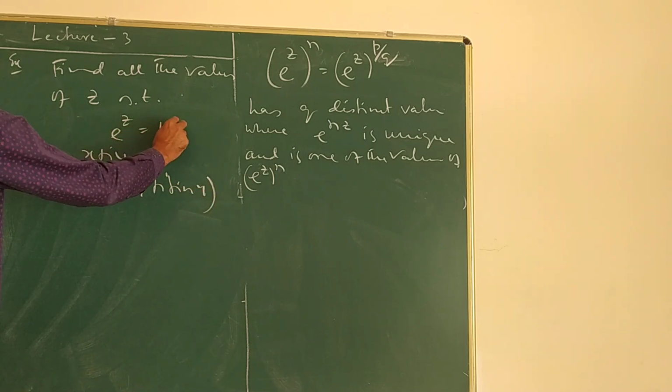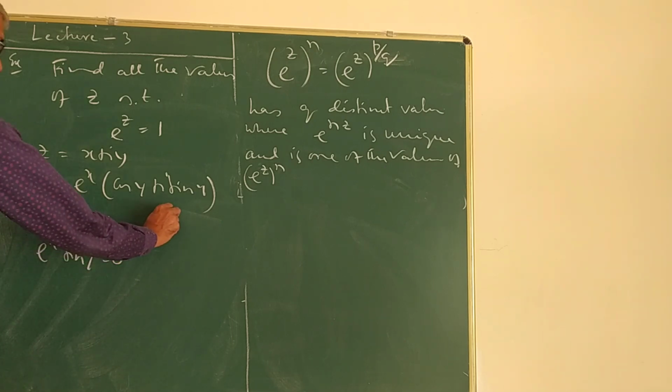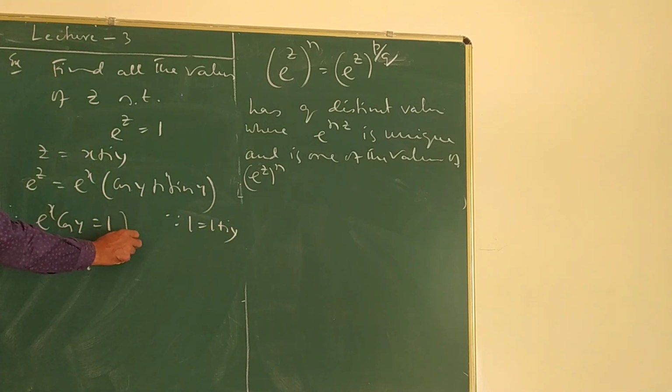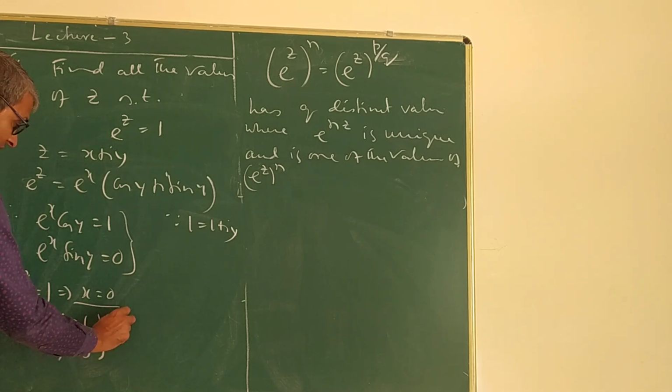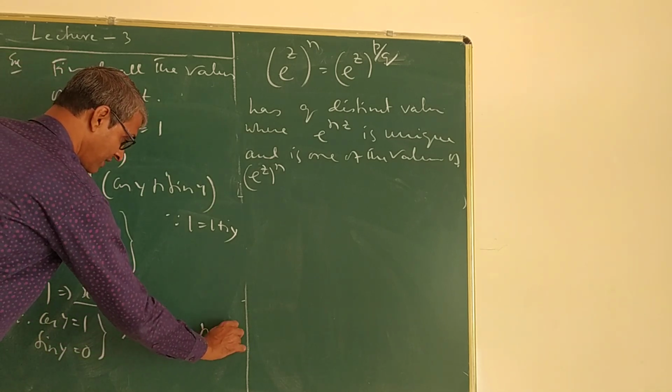Now 1 means 1 plus i0. So e to the power x cos y equals 1 and e to the power x sin y equals 0. Solving these two, you will get x equal to 0. And if x equals 0, you will get cos y equal to 1, sin y equal to 0. So y will be n pi, where n is an integer.